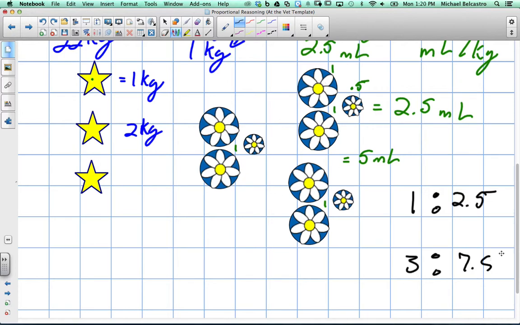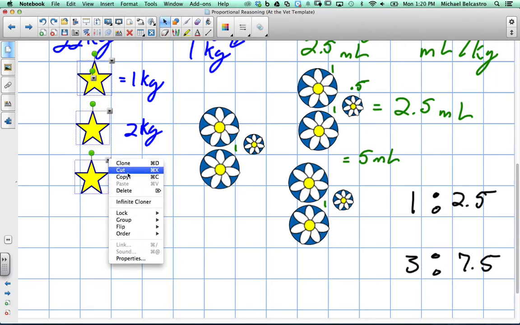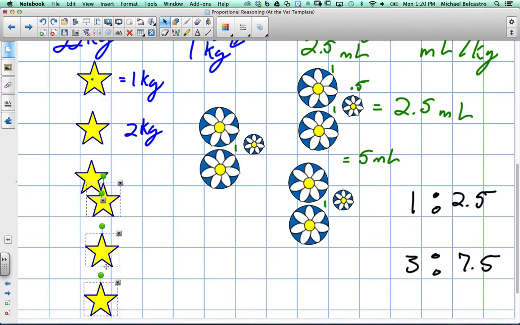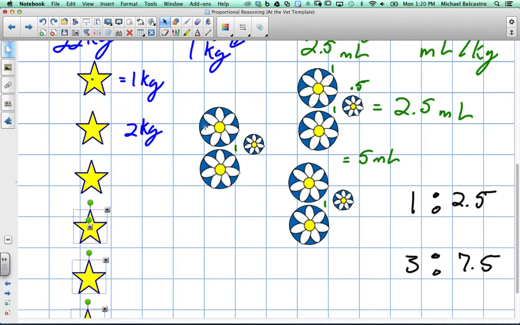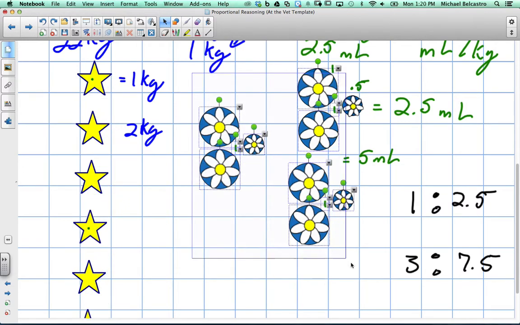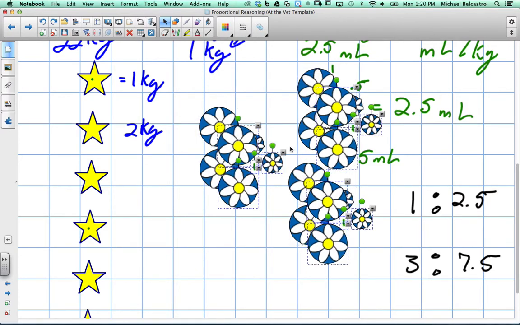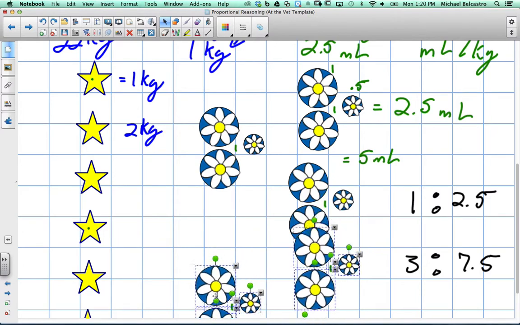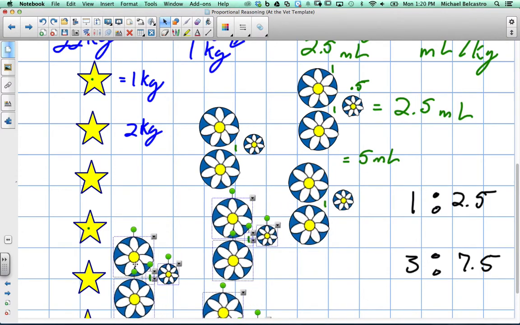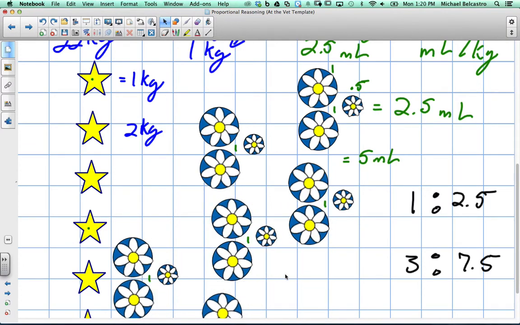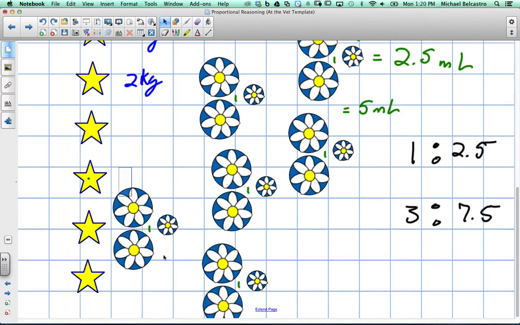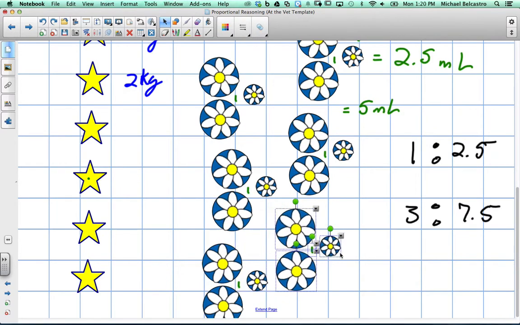So for argument's sake, I'm going to clone 3 at a time. Clone. And now I'm up to 6. So I've really jumped up there very quickly. And that same idea. Put that other guy in there. Clone. I add another, I should do it over here. I've added another 7.5. So we're building up very quickly here, as you can see.